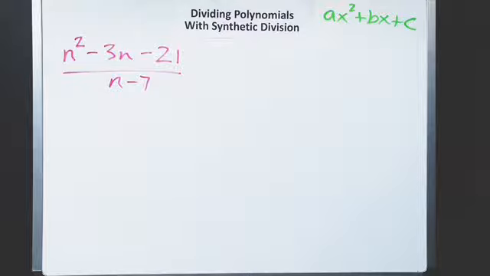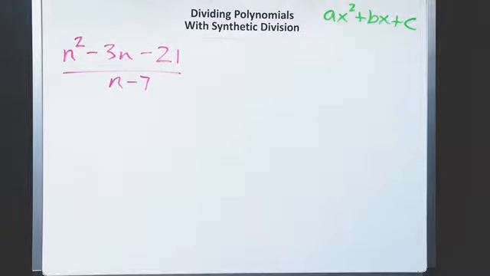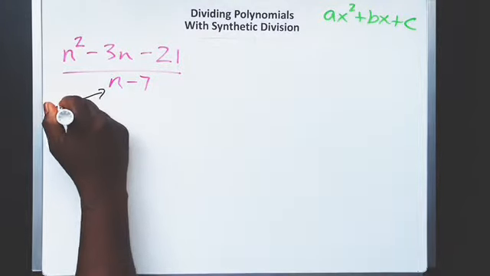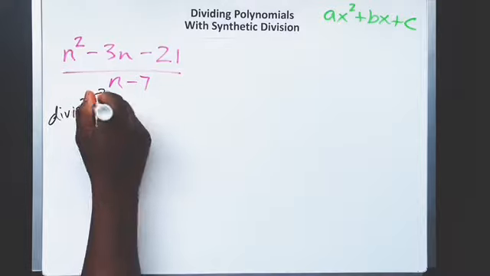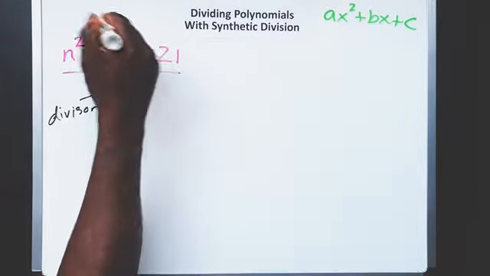So this is a fraction, but we also can view the fraction as division. With that in mind, the numerator is divided by the denominator. So this denominator is your divisor. Right? And the numerator is the dividend.